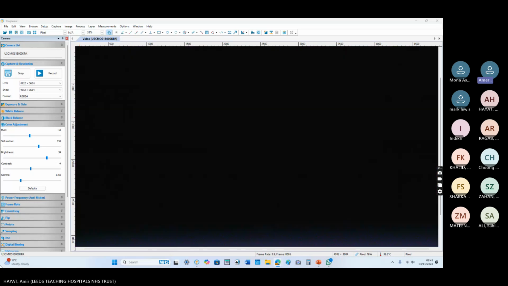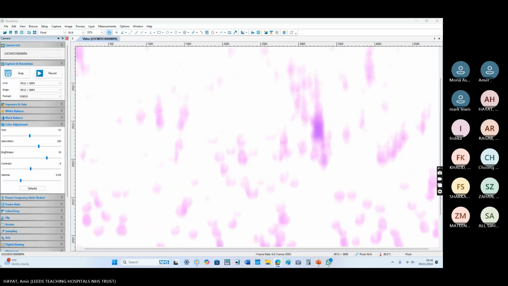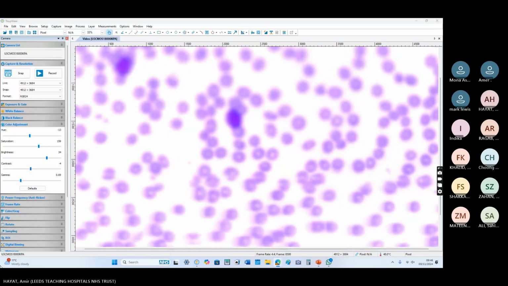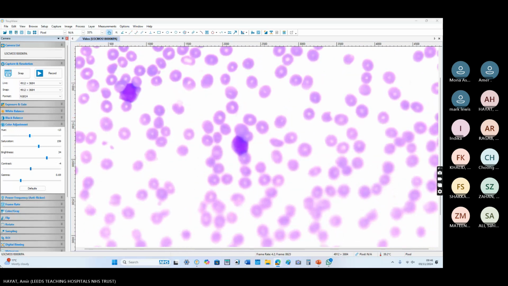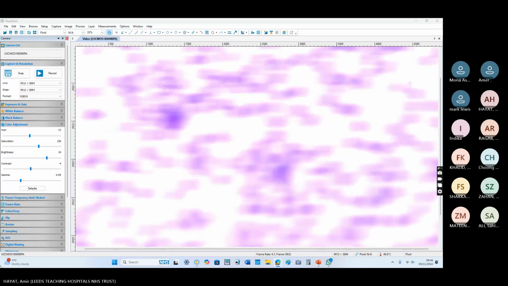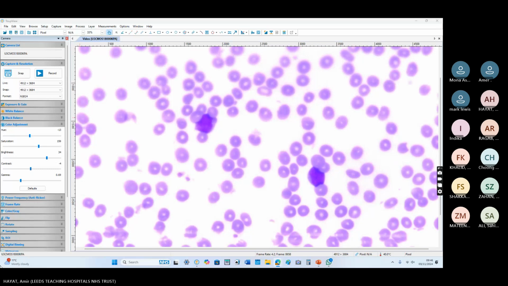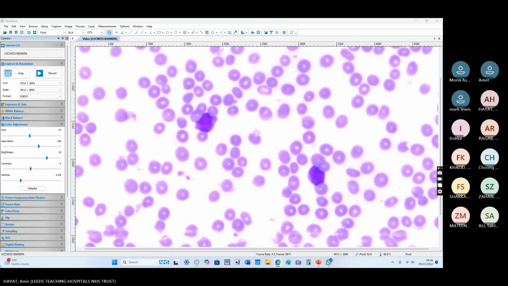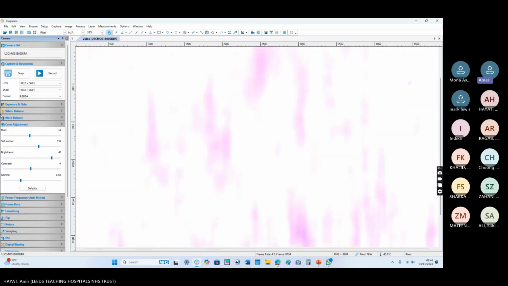We'll go to power 50 to see more cells. Not much granulation there. There is mild granulation.